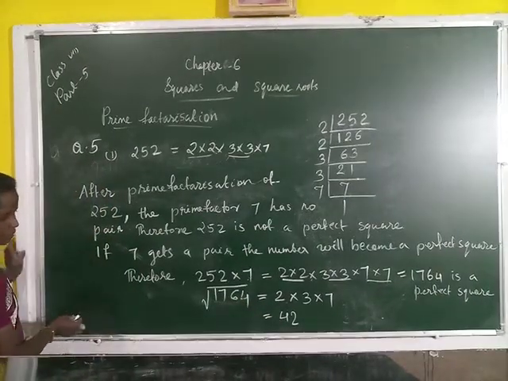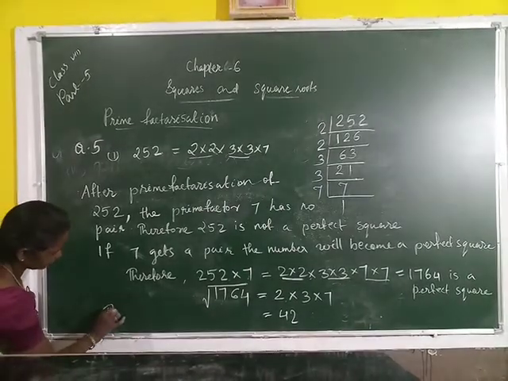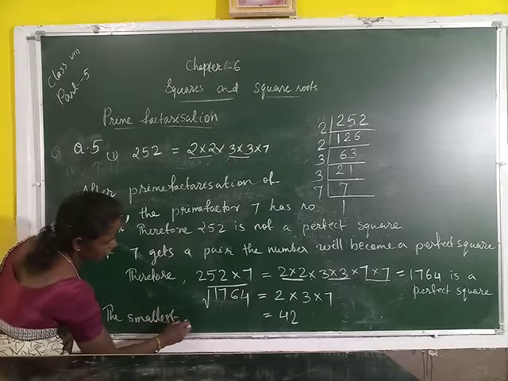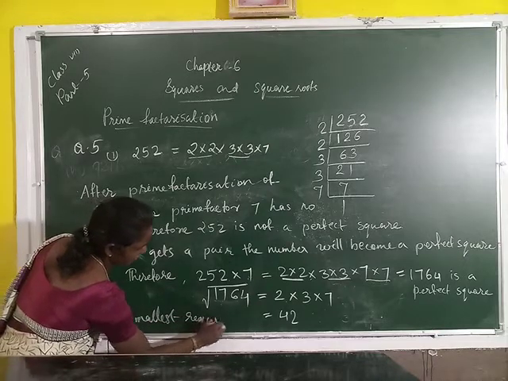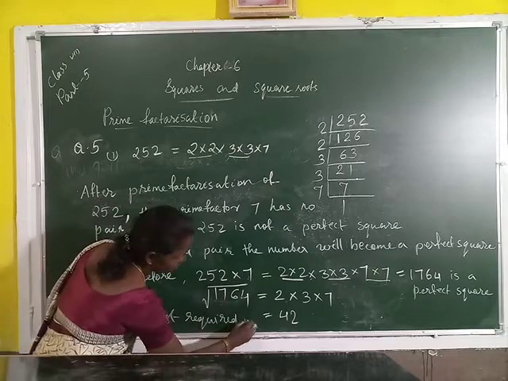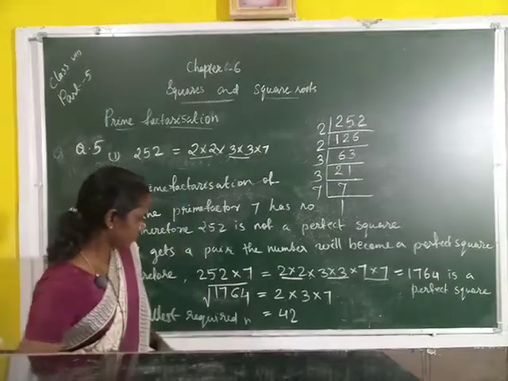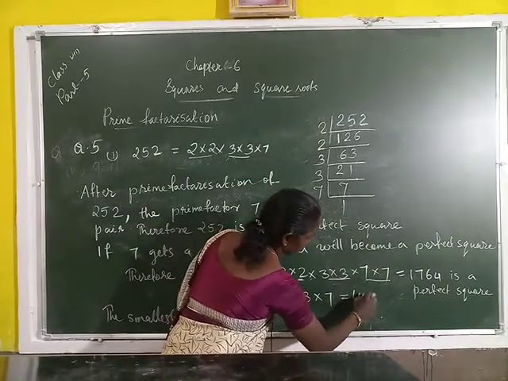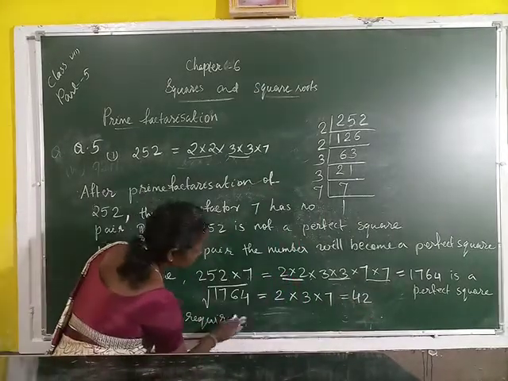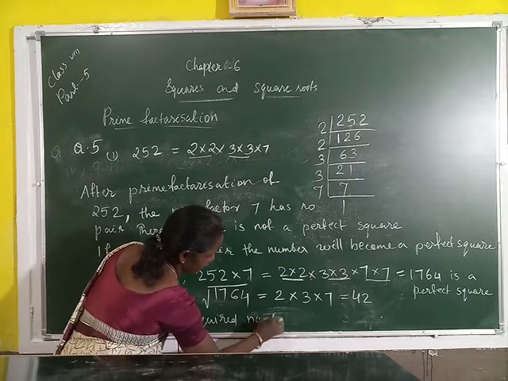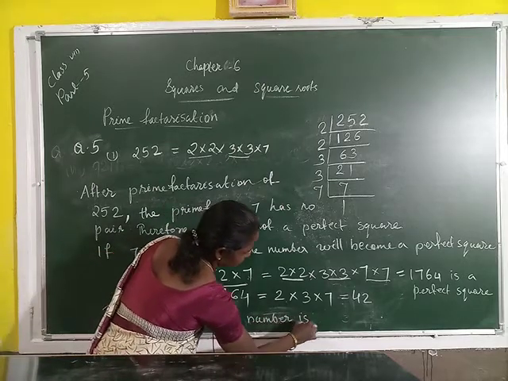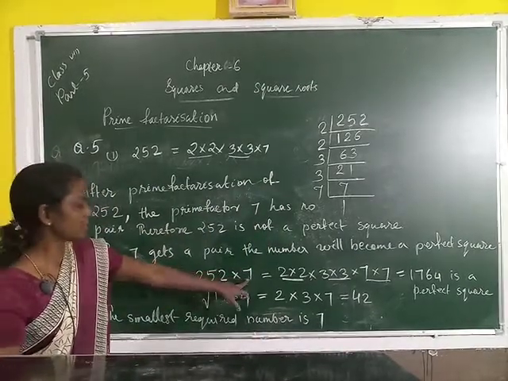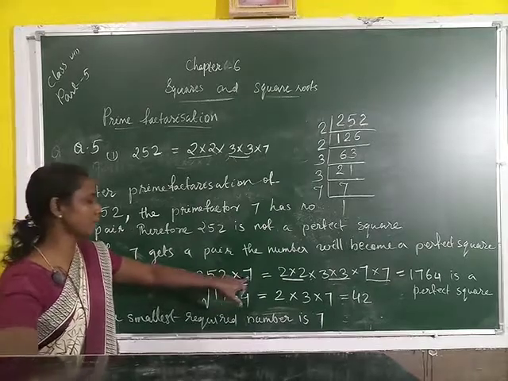The smallest required number is 7. This 252 multiplied by which number? 7.